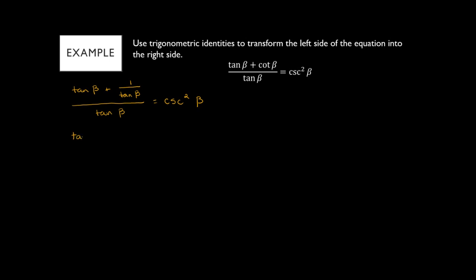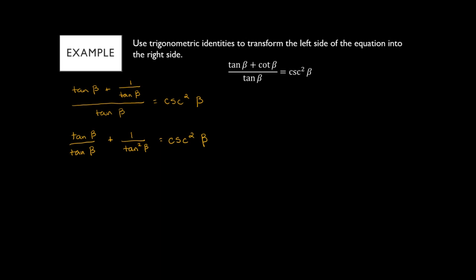So I can split this up into tangent of beta over tangent of beta, plus 1 over tangent of beta over tangent of beta, and that is equivalent to 1 over tangent squared of beta. Because we are dividing by tangent of beta, and then dividing again, that's dividing twice, or squaring.